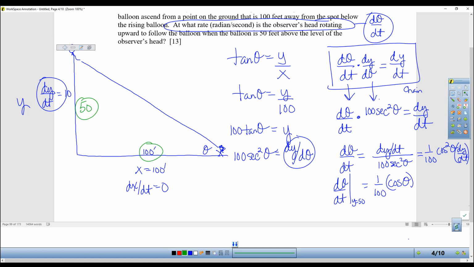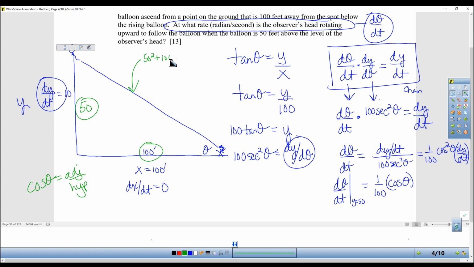Well, cosine of theta is equal to adjacent over hypotenuse. So you could figure out what theta was and then do cosine of theta, or you could just say cosine of theta is adjacent over hypotenuse. So we do need to find the hypotenuse. How are we going to find this side?